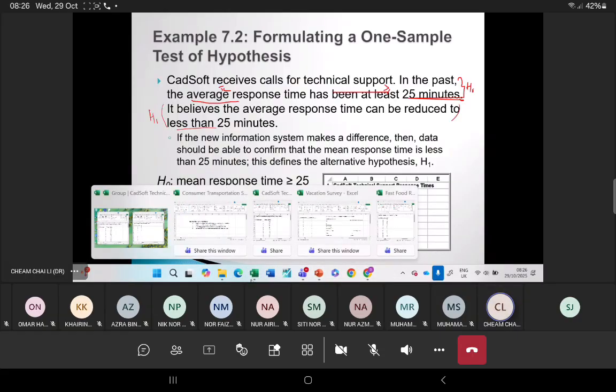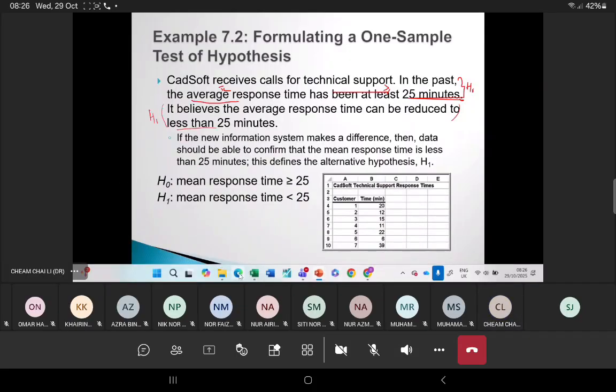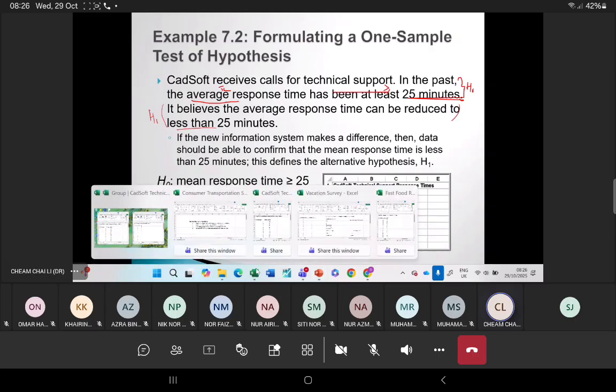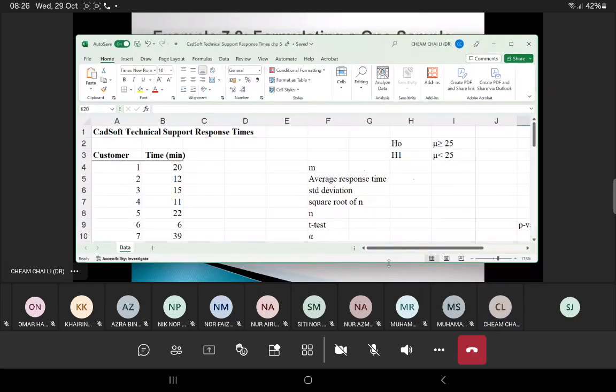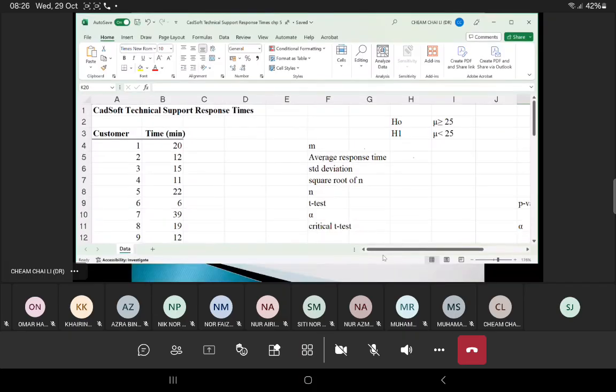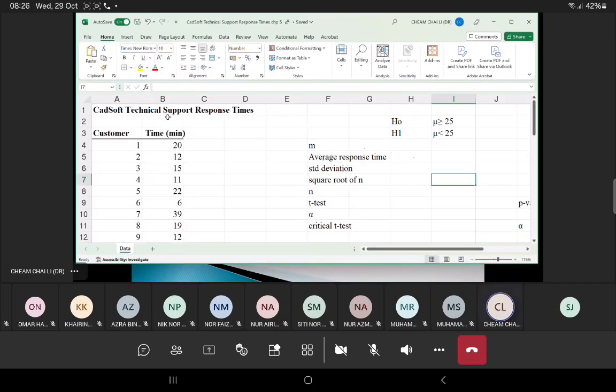Now, okay, kita pergi ke cutoff. Now you can get rid of this data. Okay, we have this cutoff technical support response time, right?